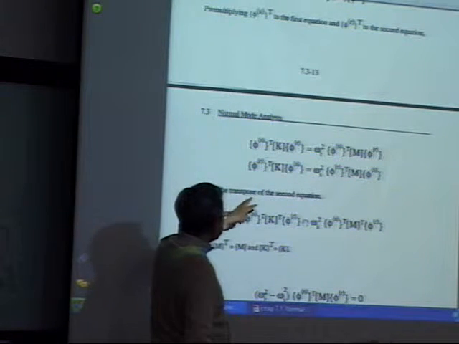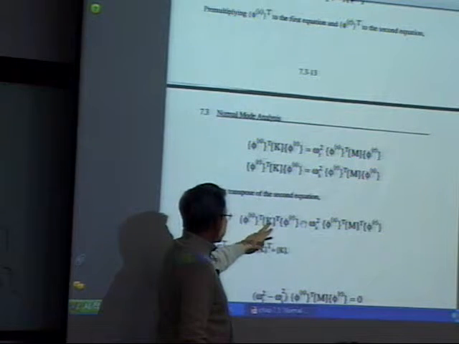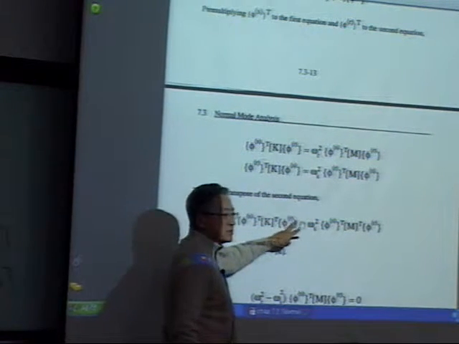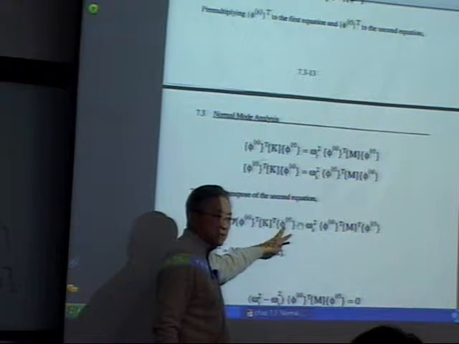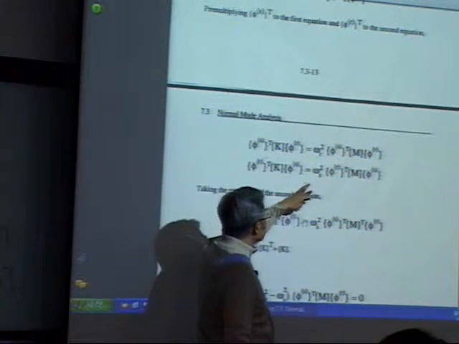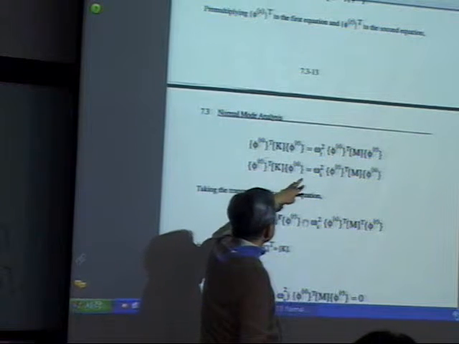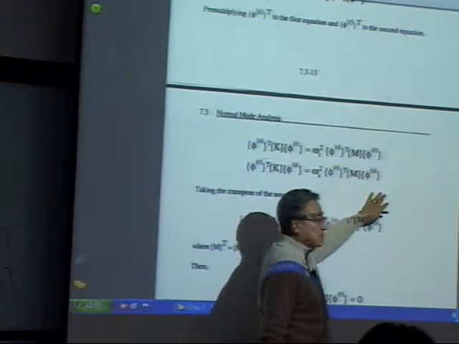So here, take a transpose of the second equation. This guy transposed gives K transpose, then phi R transpose of transpose goes back to the original. And the other side is omega s, so on this side you also have to transpose the whole thing.